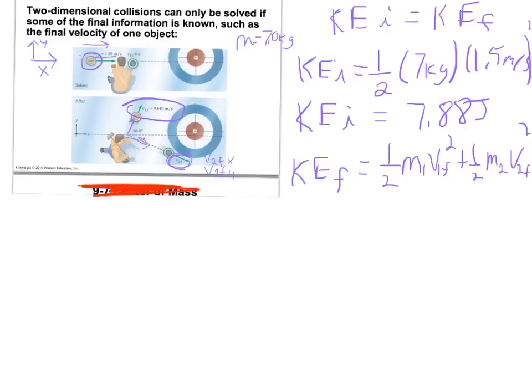We're not worried about splitting into directions just yet. Okay? So my final kinetic energy, I already know, is 7.88 joules.